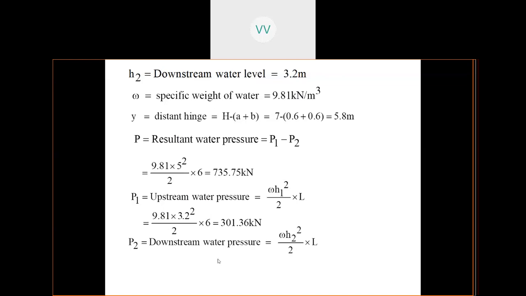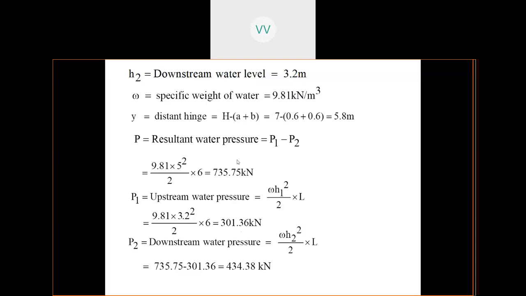Now coming to P2, the downstream water pressure, w H2 square by 2 into L. Again, please apply the same formula and work it out. So 735.75 minus this value gives 434.38. So this is the net resultant pressure.